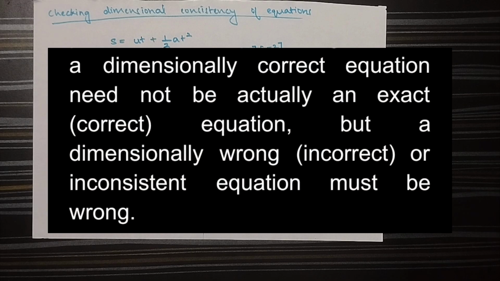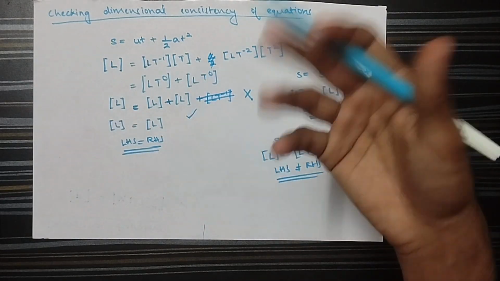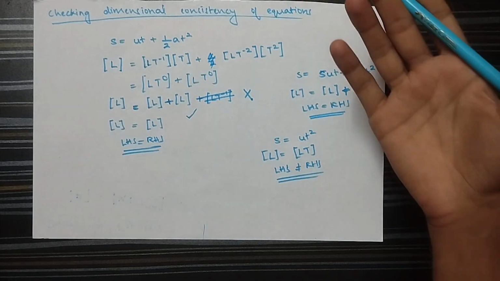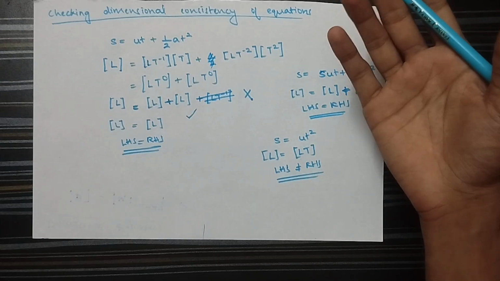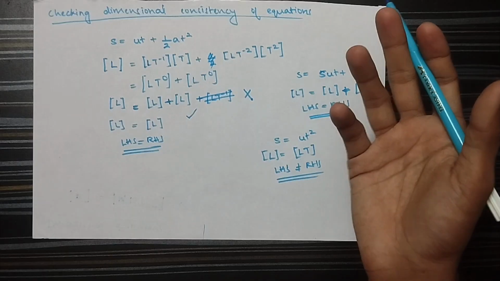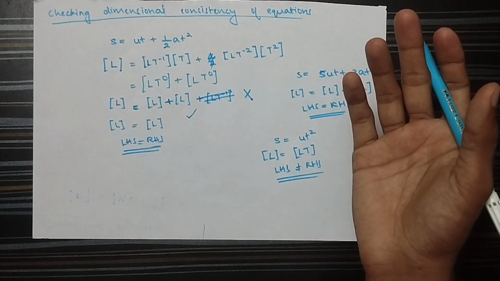But if it passes, it is not proved right. Thus, a dimensionally correct equation need not be an actually correct equation, but a dimensionally wrong or inconsistent equation must be wrong. So even if this passes the consistency test, we don't really know if it is the valid equation.